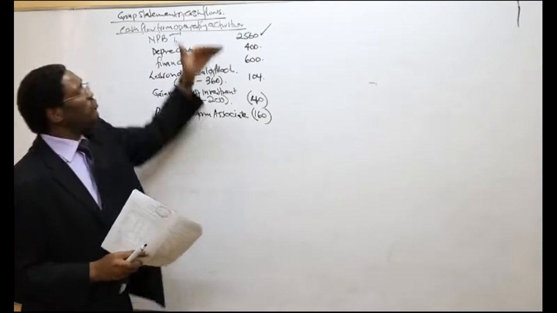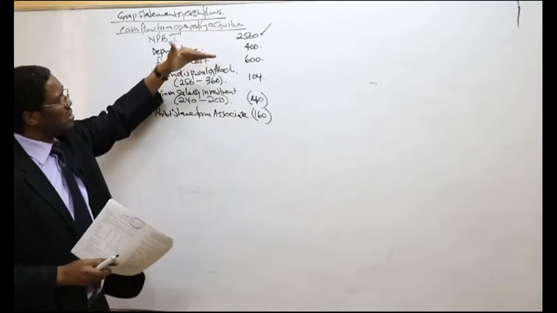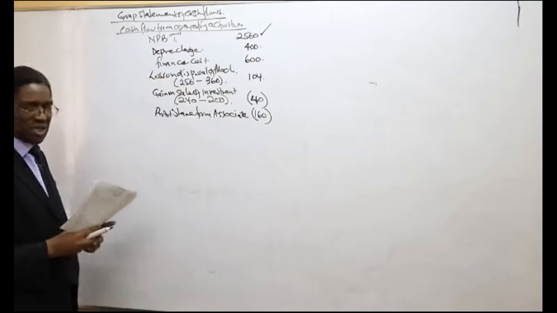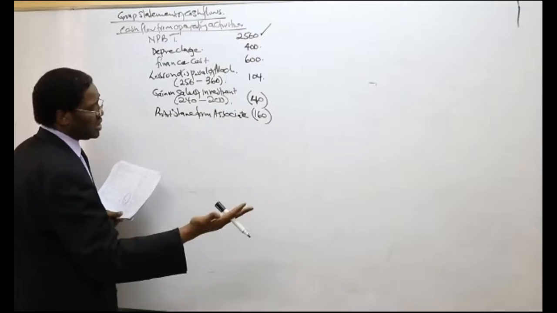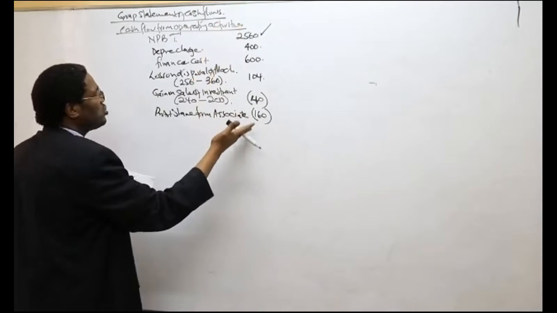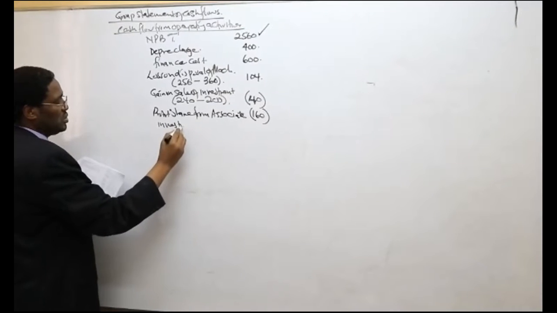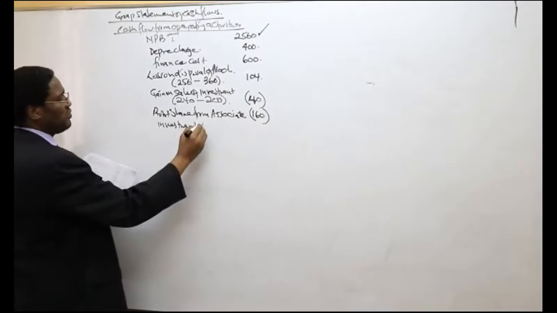And so, if we are determining cash flow from operating, and yet there was that investment income, we need to transfer it. So we remove it from the operating and take it to investing activity.